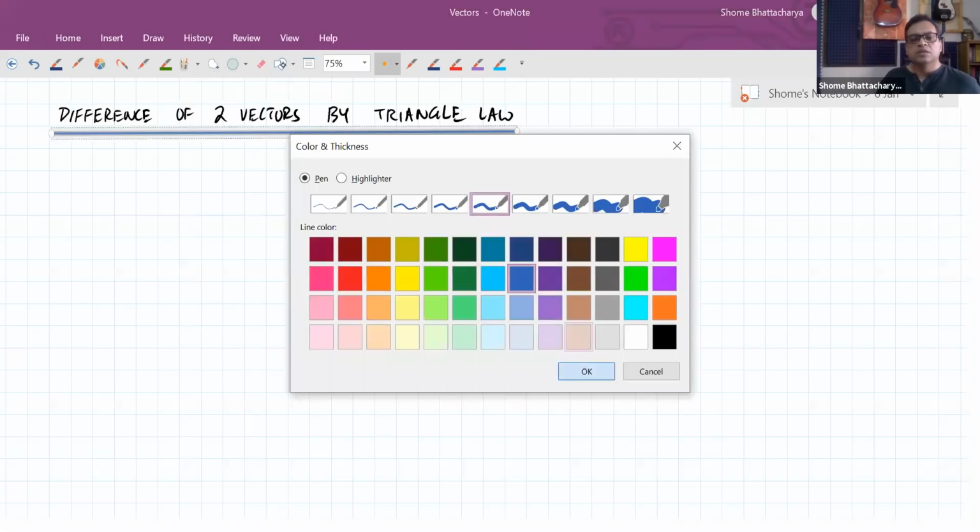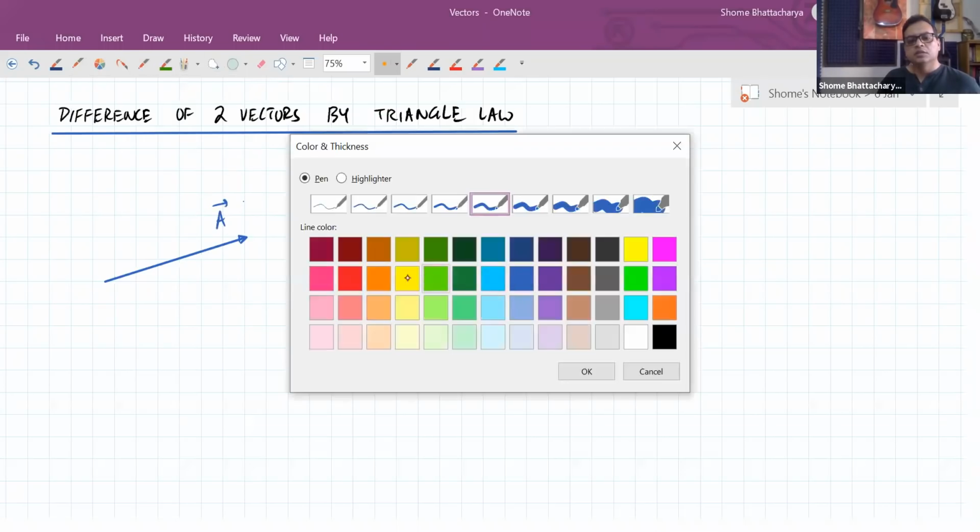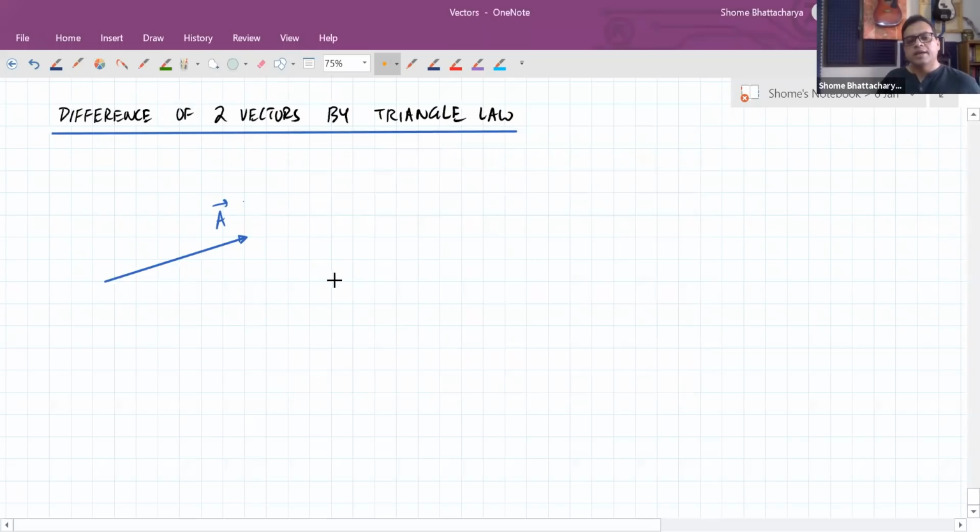So once again, if we have, let's say, a given vector A and another given vector B, such that we know the magnitudes of the two vectors and we know the angle between them.